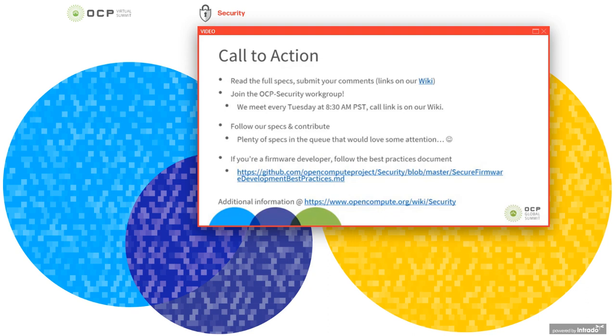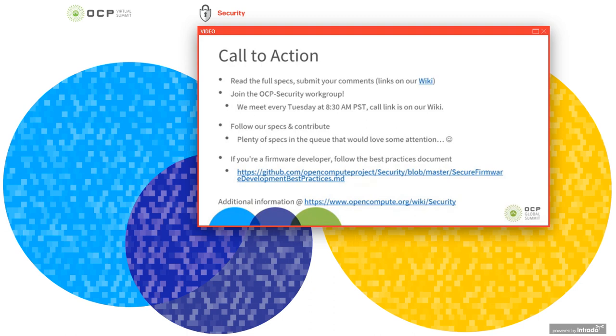And last but not least, if you're a firmware developer, everything we're doing here in OCP security around integrity is not as effective as it could be if the firmware is of bad quality and has security bugs. So please follow the best practices and take a look at the doc. It's a really detailed doc with a lot of good tips and practices to follow.